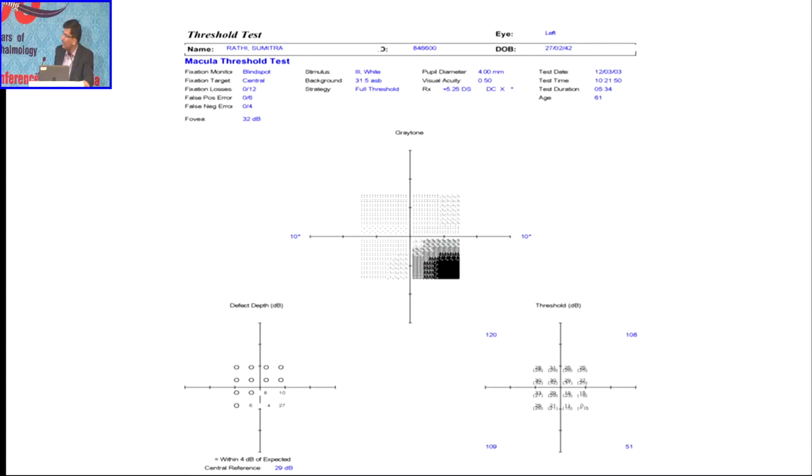Then the next thing is the kind of pattern that you're going to see. This is a classic. Raise your hands quickly, stand up. How many degrees? It's not 10-2, madam. No, this is 5 degrees. Okay, the central 5 degrees. When do you do central 5 degrees?